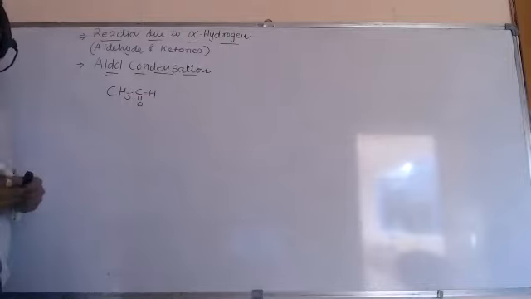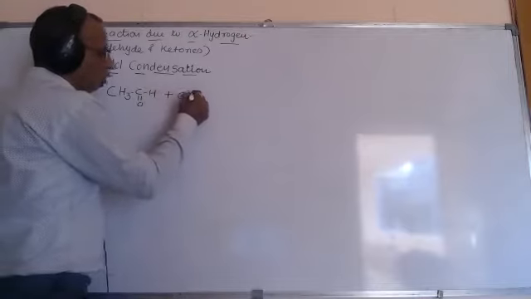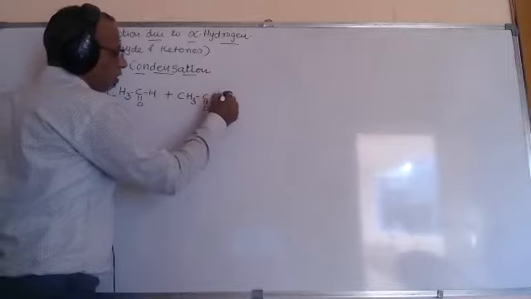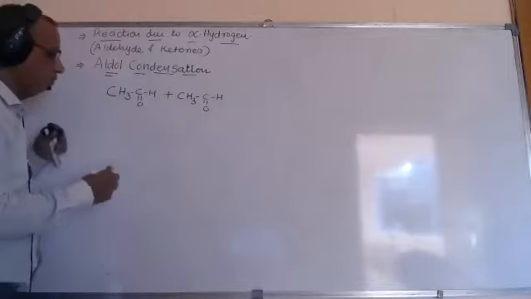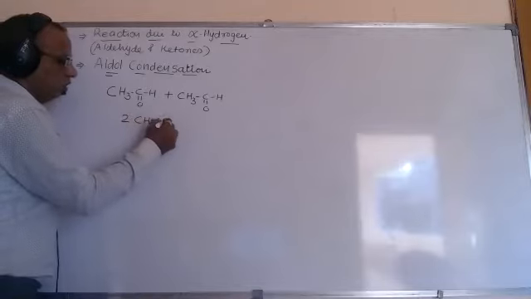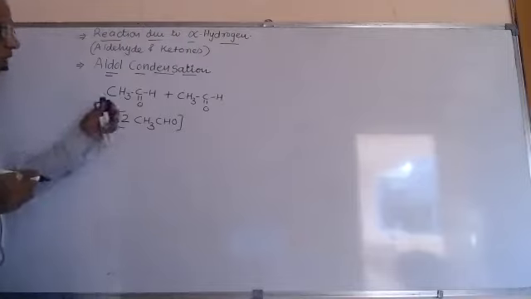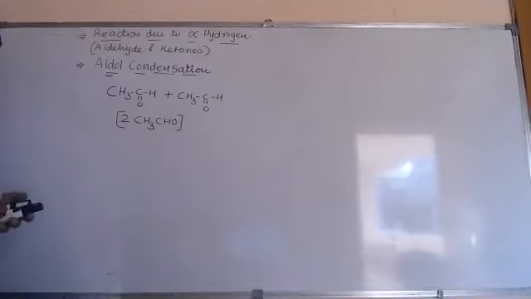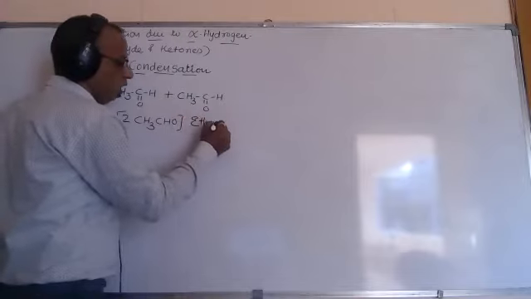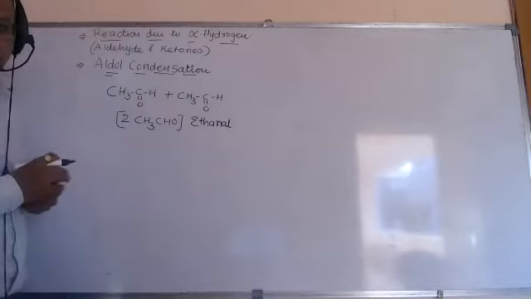This is ethanal reacting with another molecule of ethanal, CH3CHO. You can write them like this, but we are writing this to understand it better. So this is ethanal or acetaldehyde.